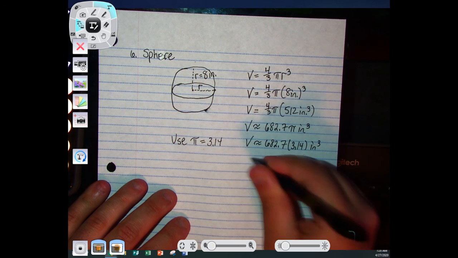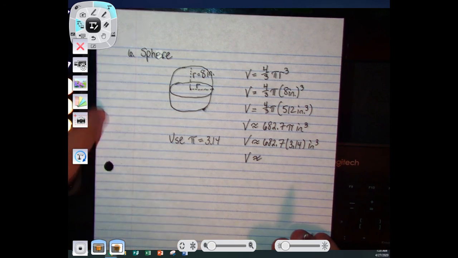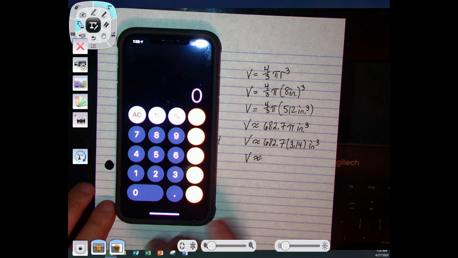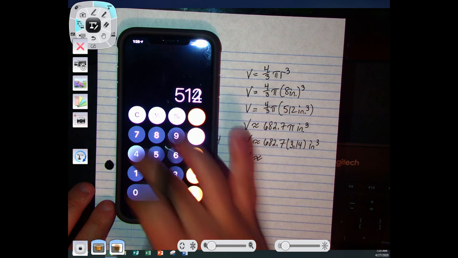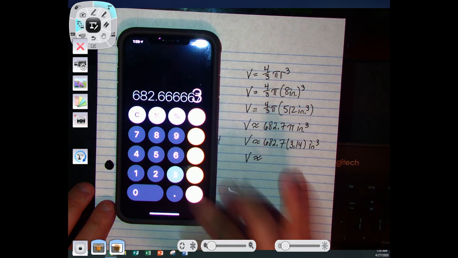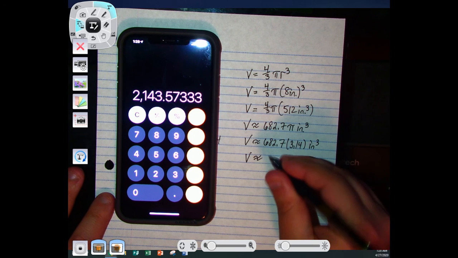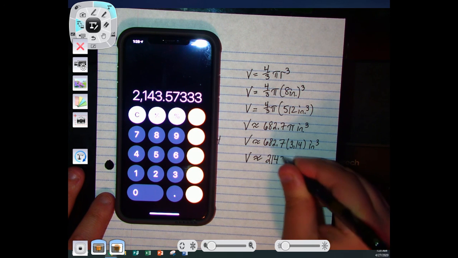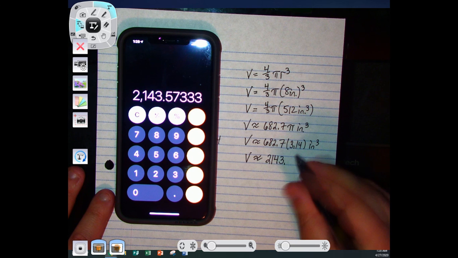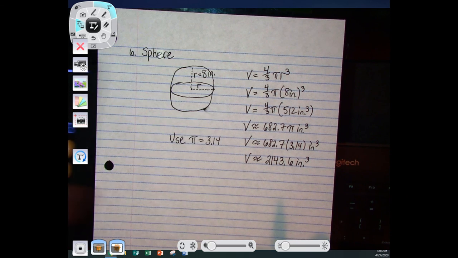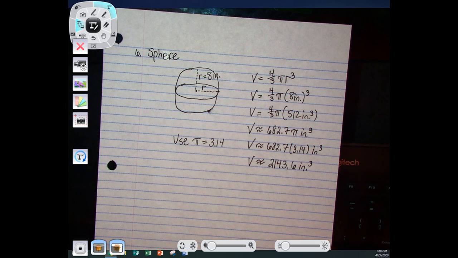That's cubic inches, which would get us an approximation. So 512 times 4 divided by 3 times 3.14 would be approximately equal to 2,143.6 cubic inches. So this is how we would find the volume of a sphere.